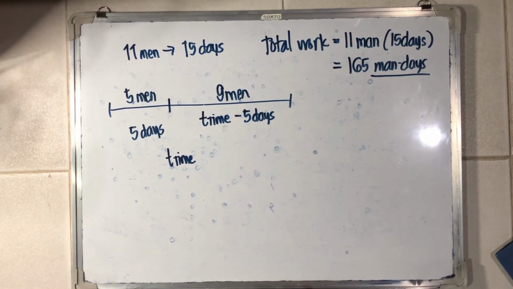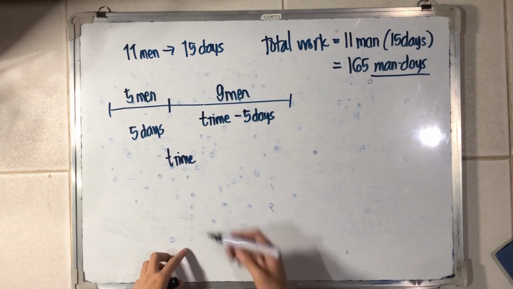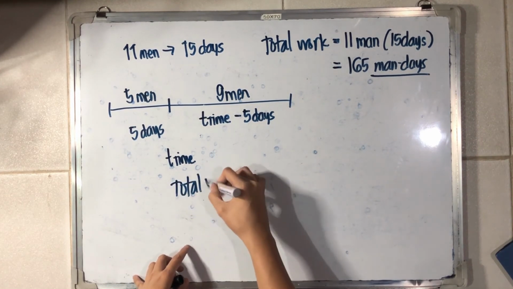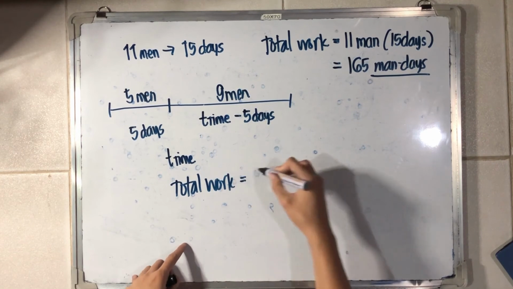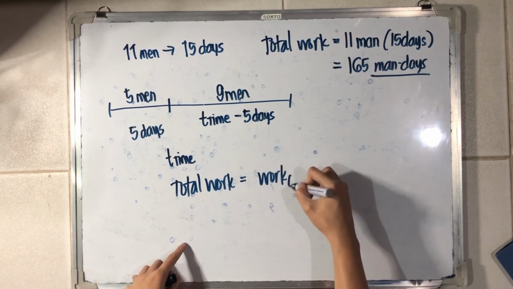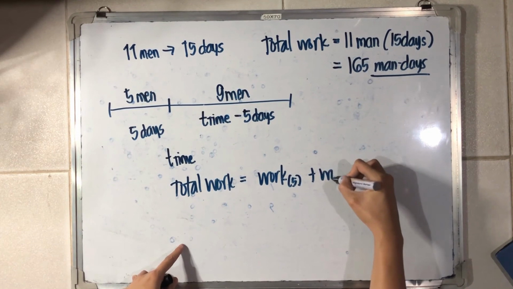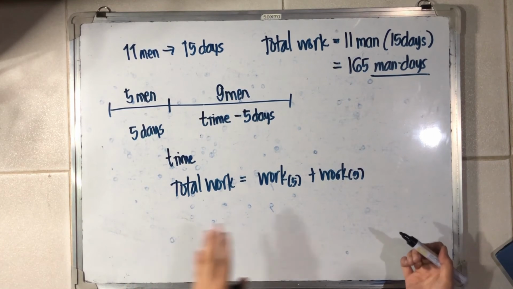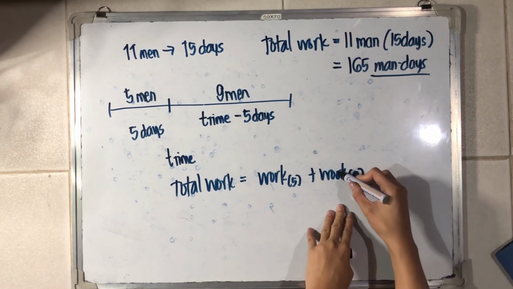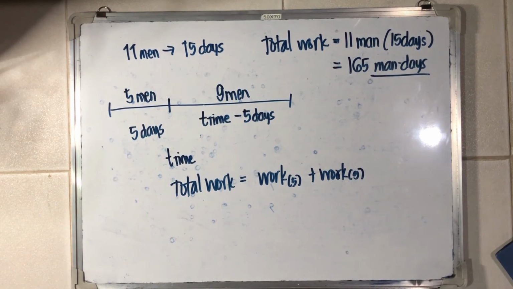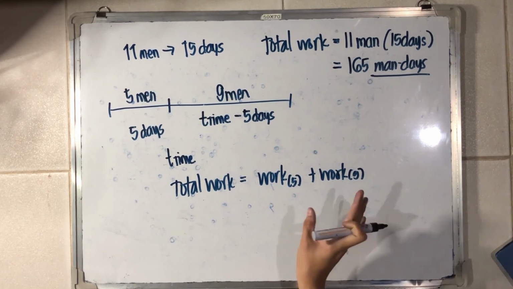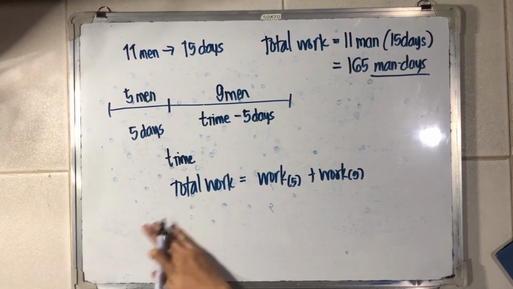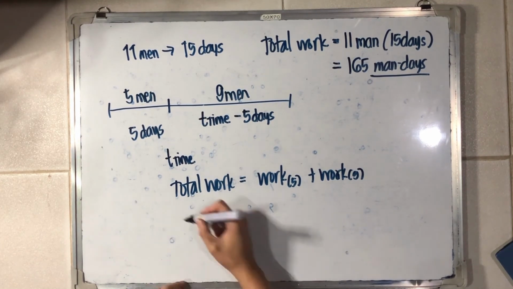So, for us to compute our total time, the total work is equal to, tama bang sabihin to? Work of 5 men plus the work done by 9 men nung may nadagdag na 4 men sa kanila. Okay, this is a correct working equation actually. Kasi, ito na yung combined work nila. And that should sum up to this total work na expected daw na 165 man-days.